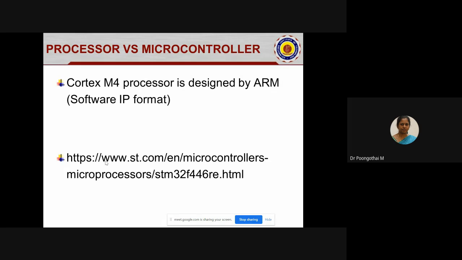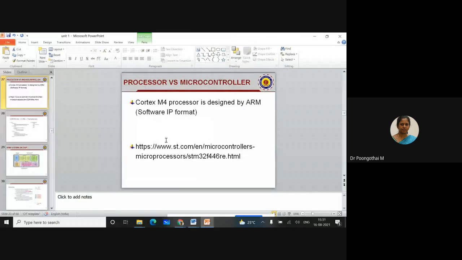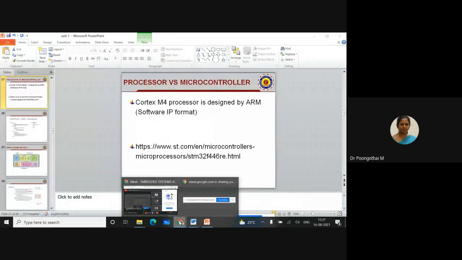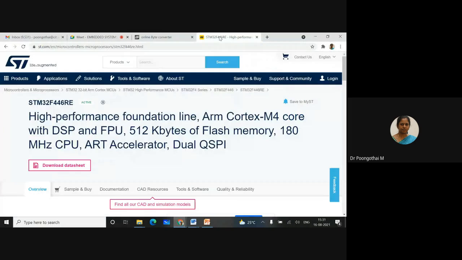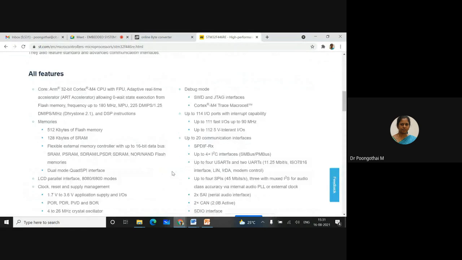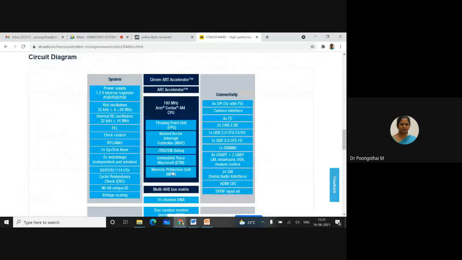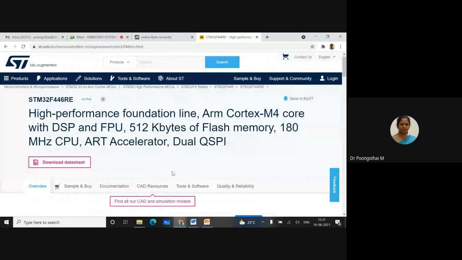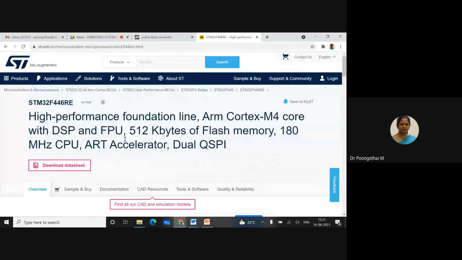Just look at this STM microcontroller IC. This is the STM32F446RE processor. We are going to use this particular hardware in our lab.